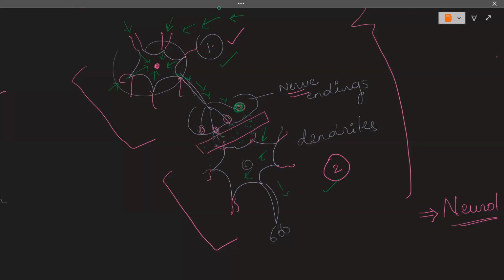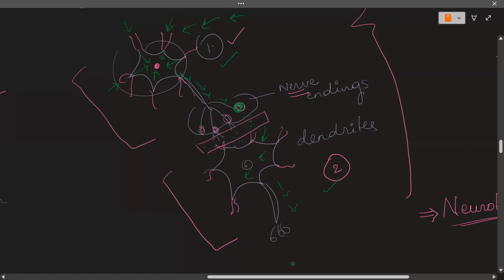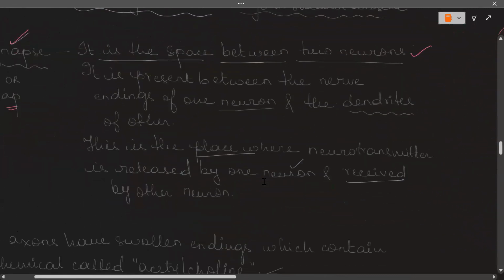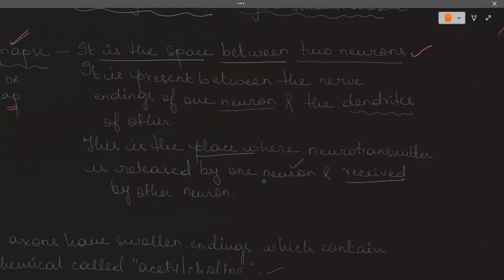And then this whole process continues for a long period of time till the receptor organ is acting. Clear, students? Yes, ma'am. So see, the synapse is the place where neurotransmitter is released by one neuron and the neurotransmitter is received by another neuron.